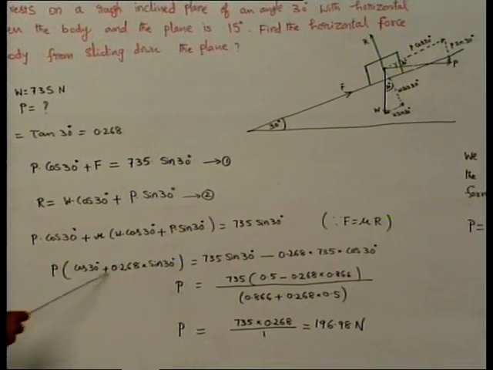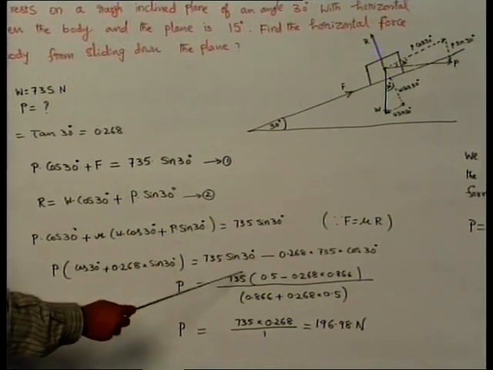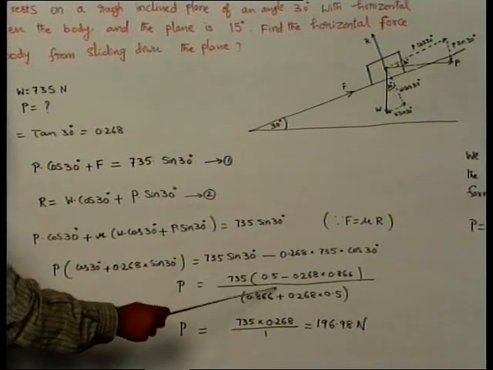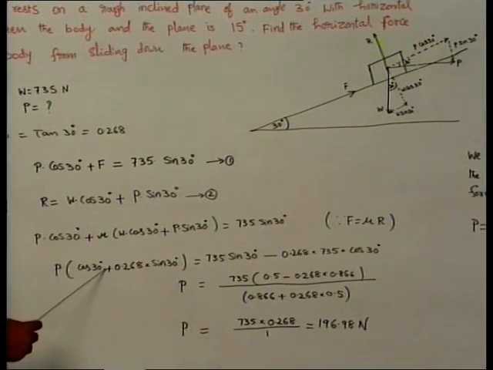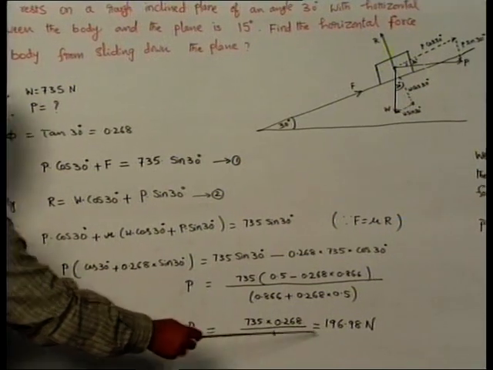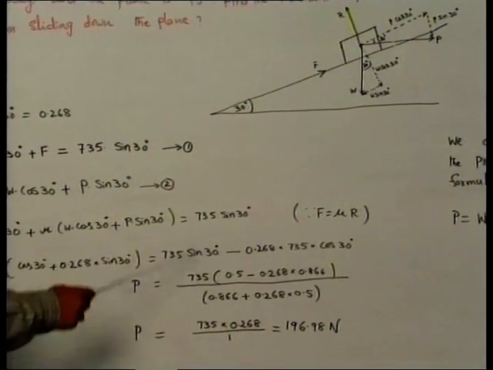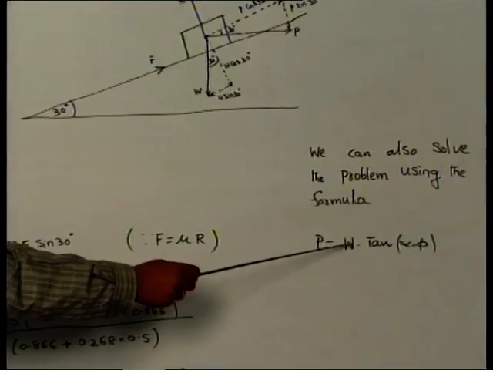Substituting the values, I will get P, with 735 common in bracket, sin 30 is 0.5 and cos 30 is 0.866, and bringing this as a denominator and simplifying, I will get the answer as 196.98 Newton. We can also solve the same problem using the formula P is equal to W into tan of alpha minus phi.